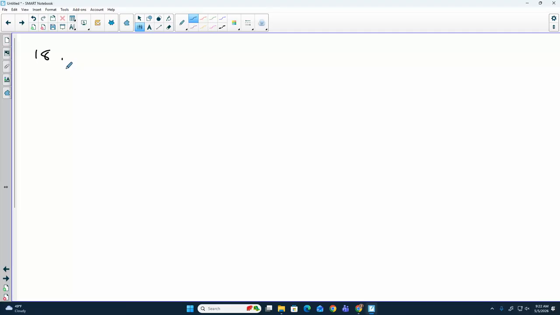So it says we have a rectangular box with a square base. Okay, if the base is square, that means these are the same. I don't know my height. You can call it h, you can call it y, whatever you like.